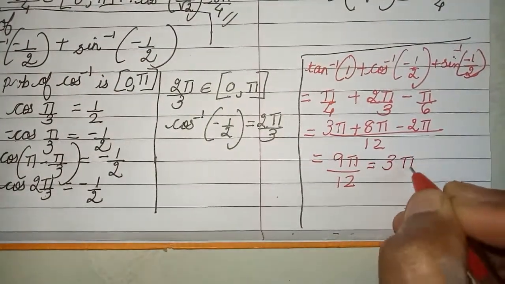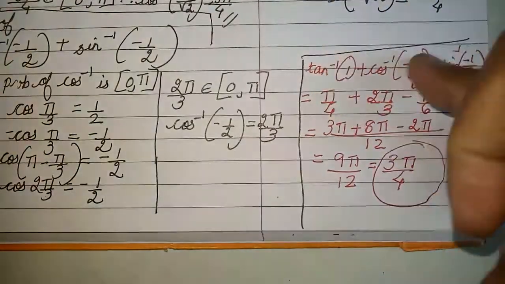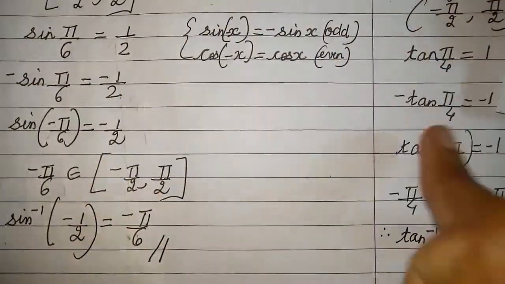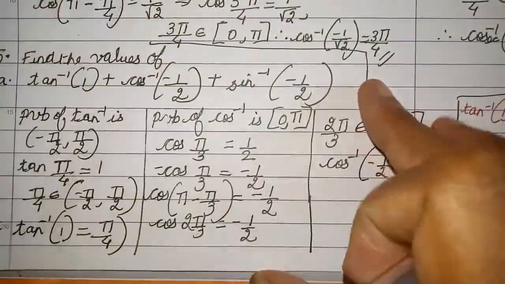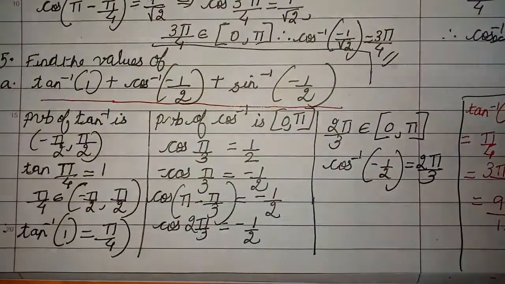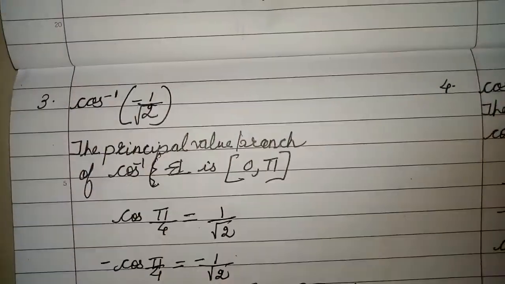Reduce it: 3 pi by 4. So this is the answer. You take all these problems individually and do it here. So when such a question comes, you find the individual values, substitute them, and you get the final answer. Have you understood? These are examples from your NCERT book.